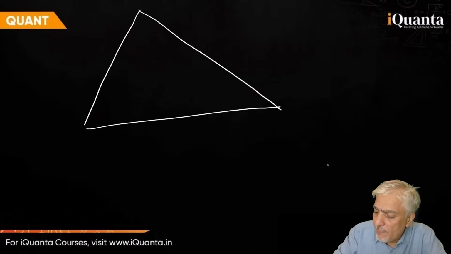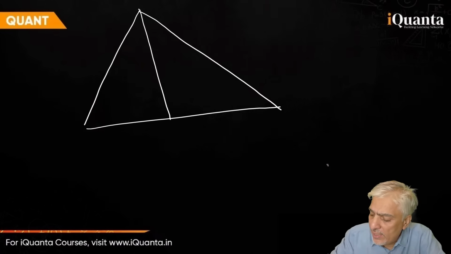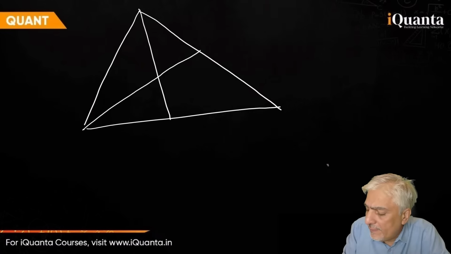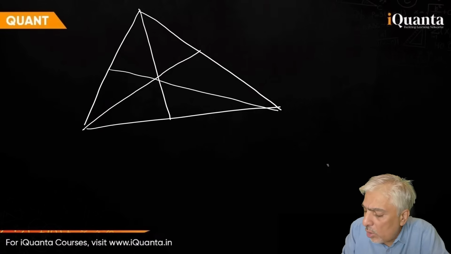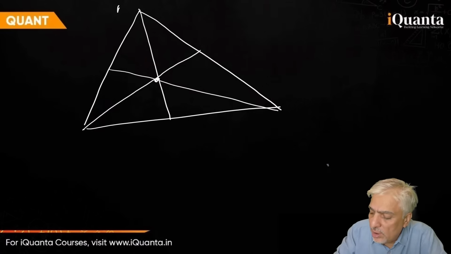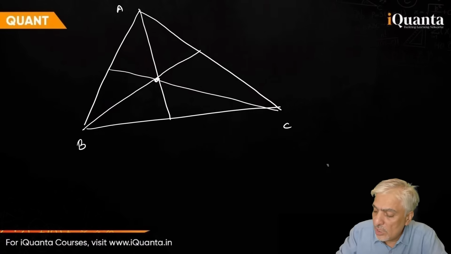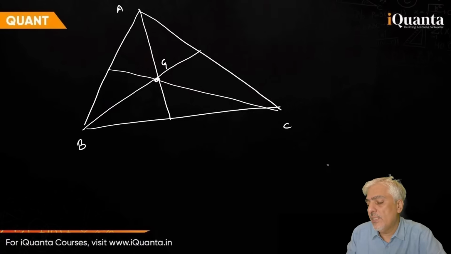But on medians in triangles, there are a lot of questions in CAT. So if you have a triangle, all three medians pass through the same point. This point will be called G. What does the centroid do?